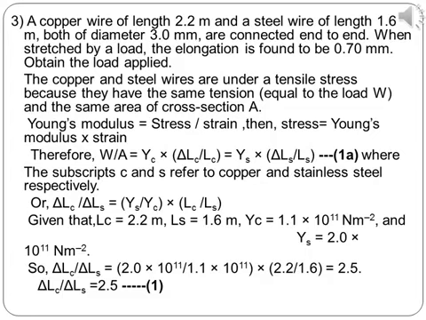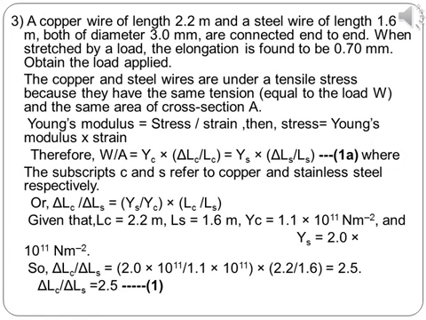Then delta LC by delta LS is equal to YS by YC into LC by LS, from the expression 1a. Given that the length of copper wire LC is equal to 2.2 meter, the length of steel wire LS is equal to 1.6 meter, Young's modulus of copper YC is equal to 1.1 into 10 to the power of 11 Newton per meter square, and Young's modulus of steel YS is equal to 2.0 into 10 to the power of 11 Newton per meter square.